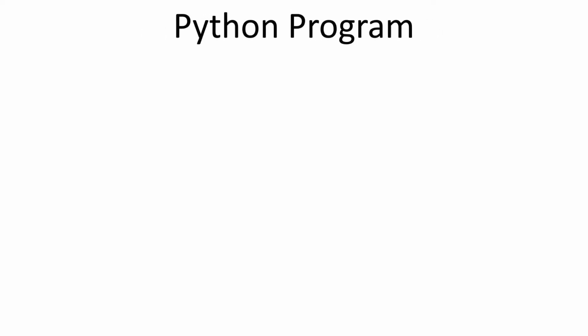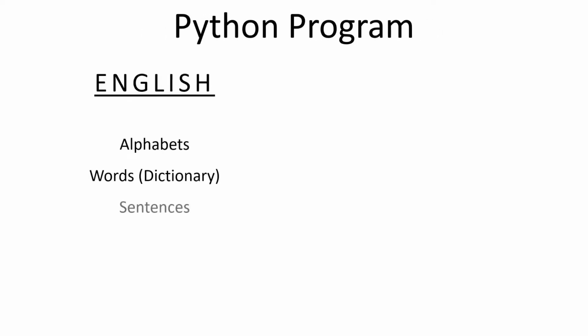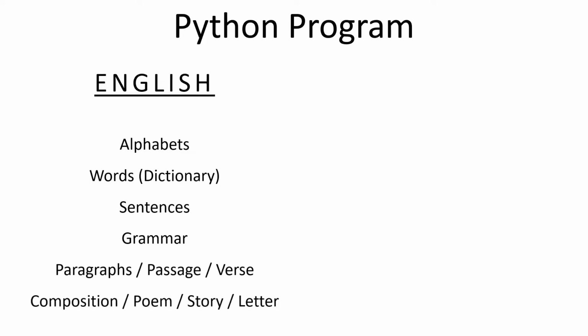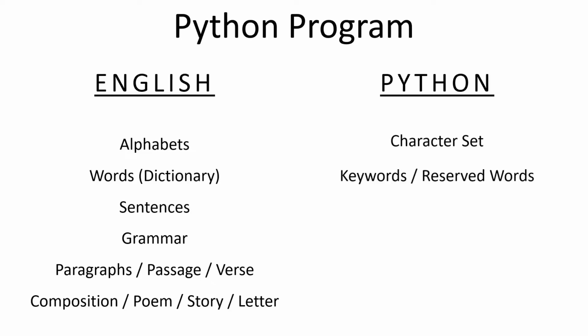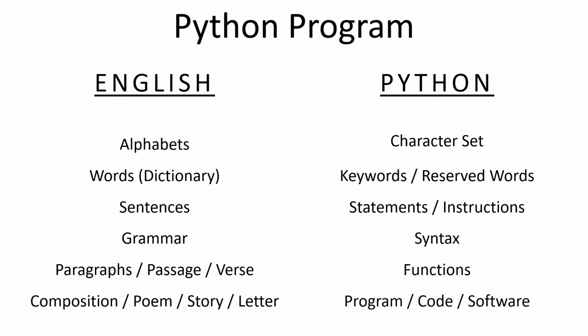A Python program can be easily understood by comparing the language parts with a natural language like English. Just like the English language comprises various elements like alphabets from A to Z, words formed by using these alphabets, sentences formed by using words and grammar, paragraphs with sentences, and different types of compositions, elements of the Python language are named differently, but have similar meaning.